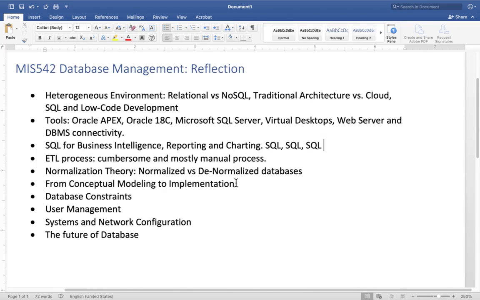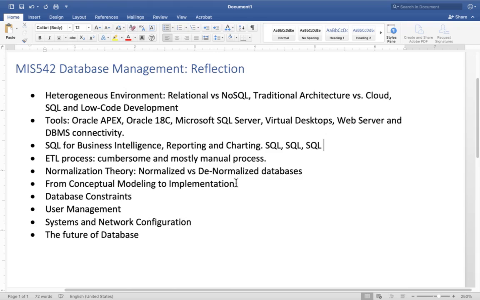So with Oracle itself, you are exposed to three different servers. You are exposed to the Oracle 18c Express Edition, that is the online Apex environment that we see from apex.oracle.com.